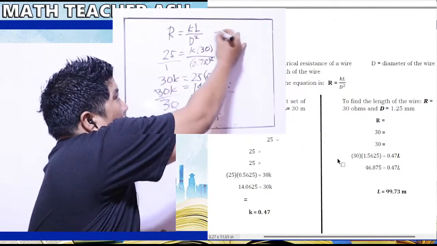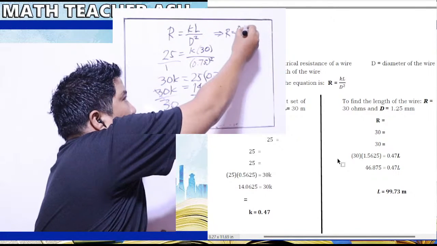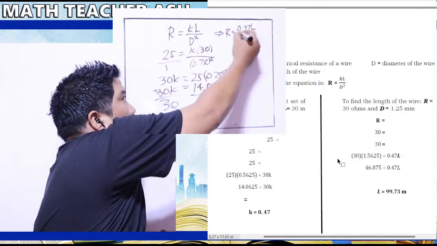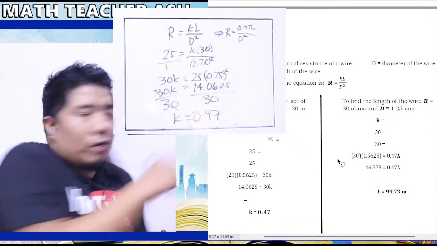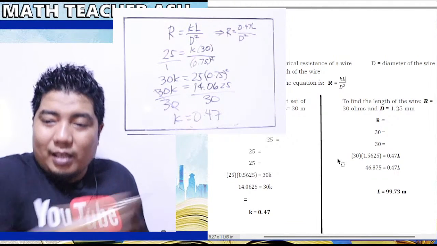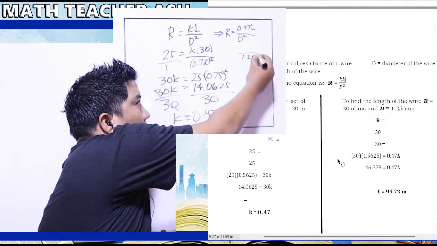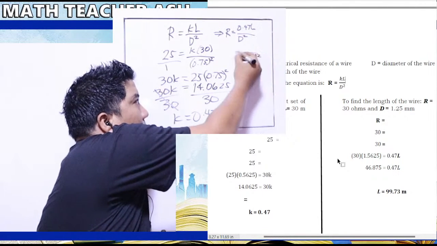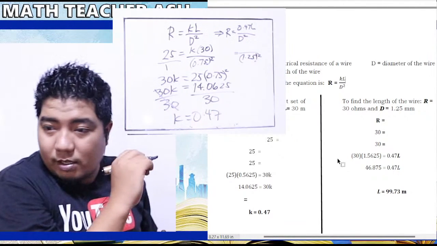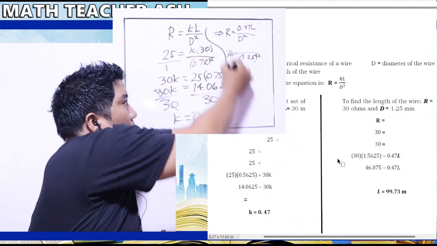So, this will become R is equal to 0.47 L over D squared. Now, isosolve mo na ngayon si L. If your D is 1.25, okay? So, 1.25 squared tayo dito sa D. And your R is 30. Okay, 30.